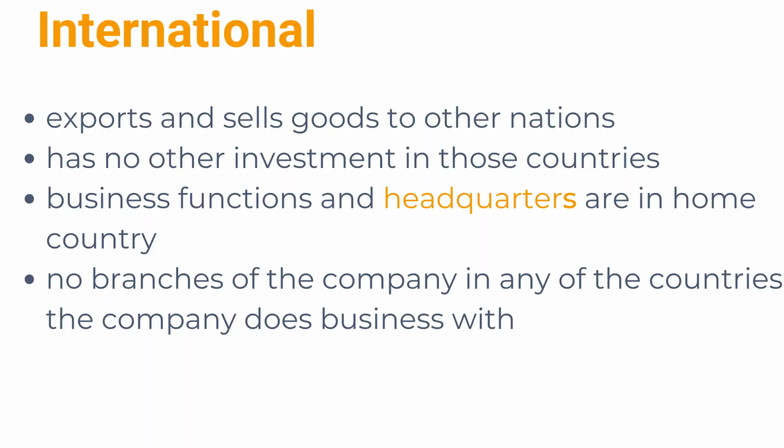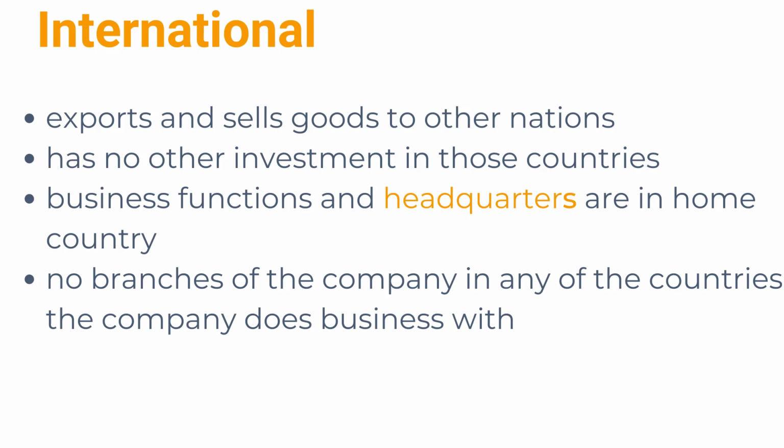So when does a national company become an international company? Let's have a look at a definition. An international company is a company that exports and sells goods to other countries. But the company doesn't make any investment in those countries. It doesn't have any subsidiaries or affiliates or production plants in those countries.